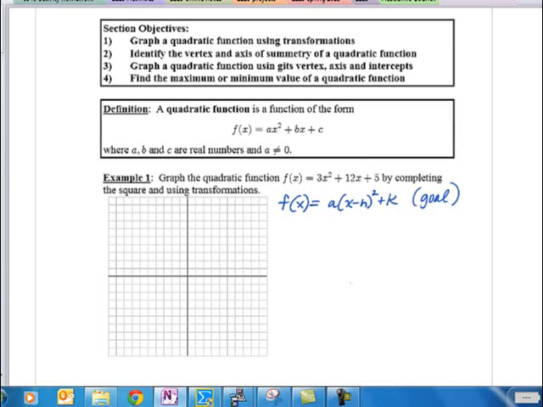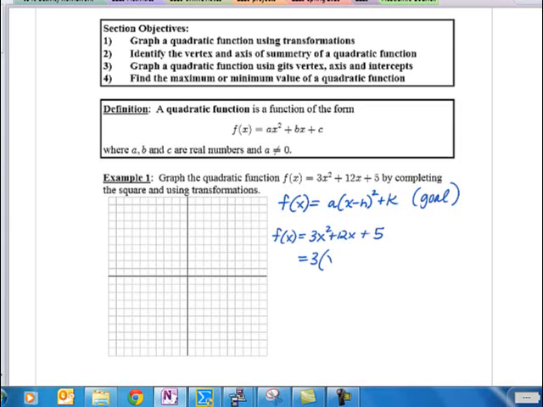The a value here is always going to be the same as the a from the function that's given. So what we've got right now is f of x is 3x squared plus 12x plus 5. What we need to do is factor the 3 off of the x squared. And when we do that, we're also going to factor it out of the linear term, so in this case, out of the 12x.